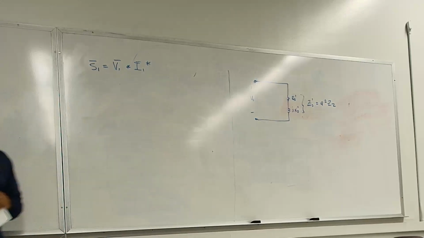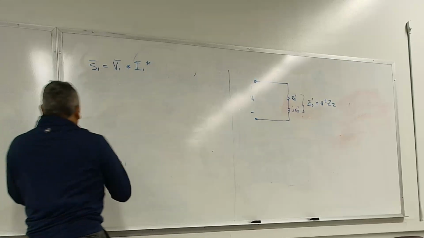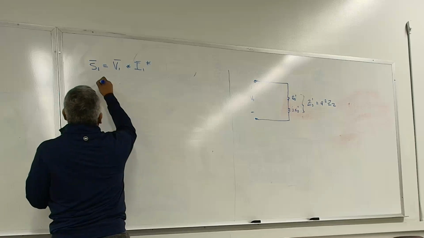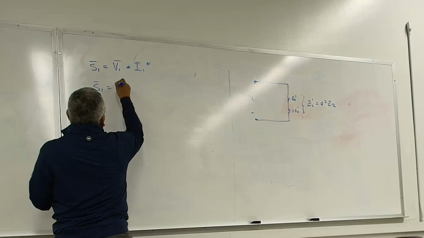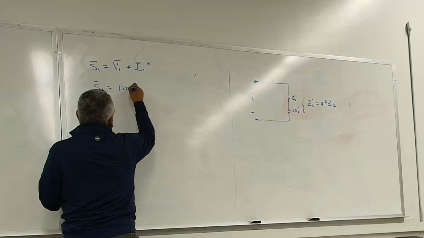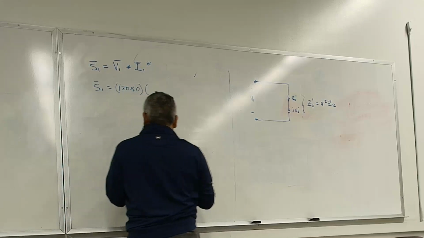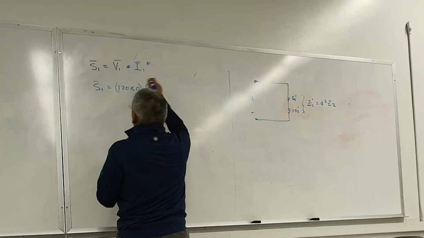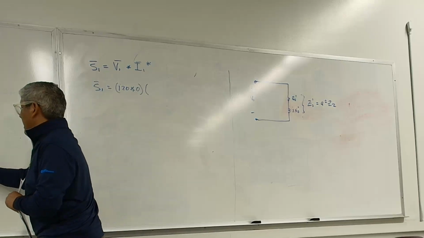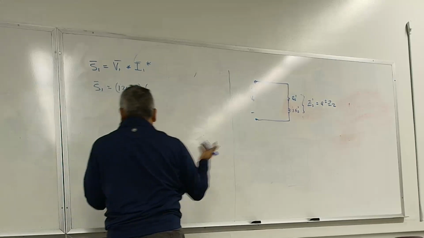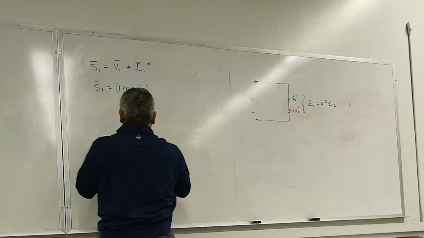Everybody agree with me? That's the formula, right? So I can say that S1 is equal to 120 volts angle 0 degrees times I1, which I converted to polar form. You can put it right down there, doesn't really matter.